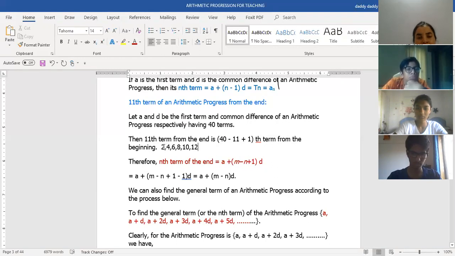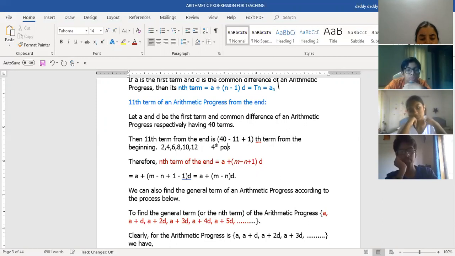Again, every succeeding term is nothing but you add 2 to the preceding one, you will get the succeeding term, right? So this is an AP series. Now, if I want to find out which number is sitting at the fourth place from the end, fourth position.